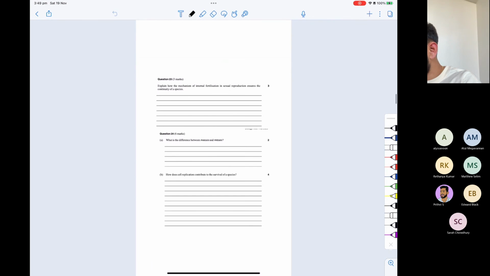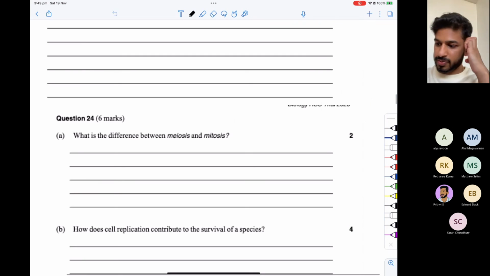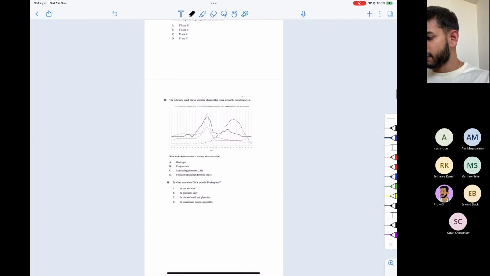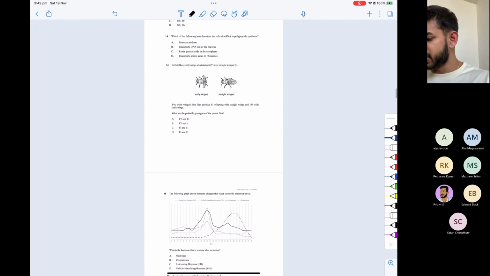Oh, what ugly questions. But here's the first one. 2 marks. You'll have a minute to write your answers. This is from question 24 from the 2020 TEC.